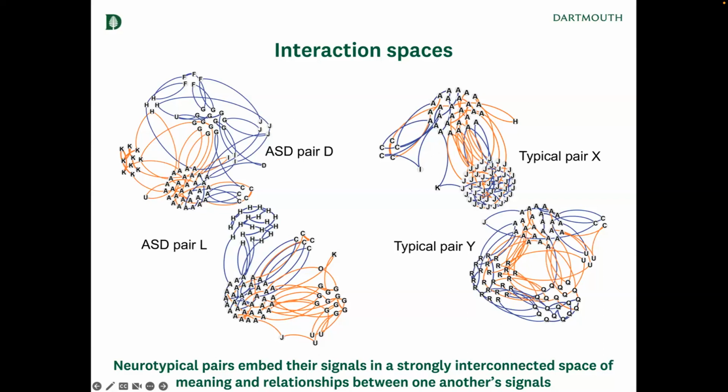What you might see is that there are a lot of individual clusters in the autistic interaction spaces. We have a whole bunch of G's that are only visited by player 2 here, H's, K's, and so on: largely segregated interaction spaces, if you will.